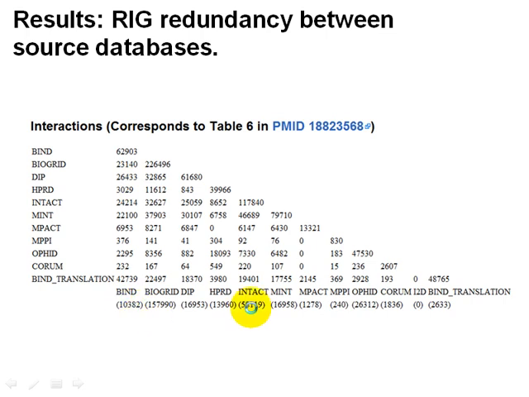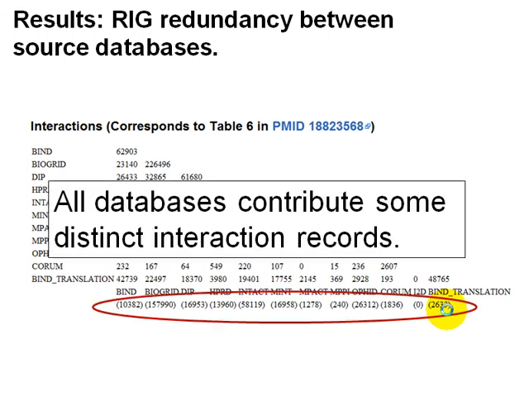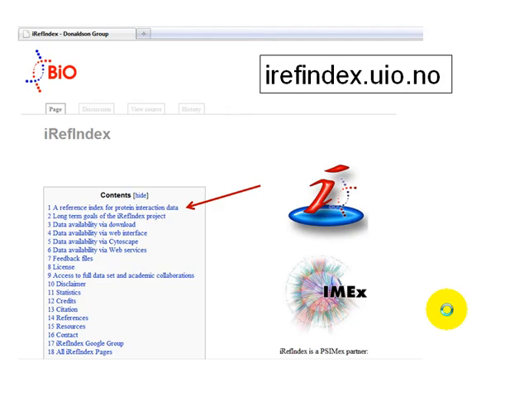These numbers down here represent the number of distinct interactions that were found only in those databases. So the take-home message here is that all databases contribute some distinct interaction records, and for that reason there's a need for doing this kind of data consolidation to find those records which are distinct.